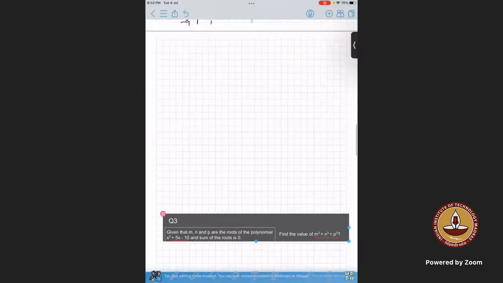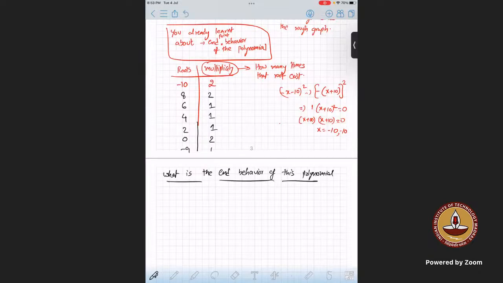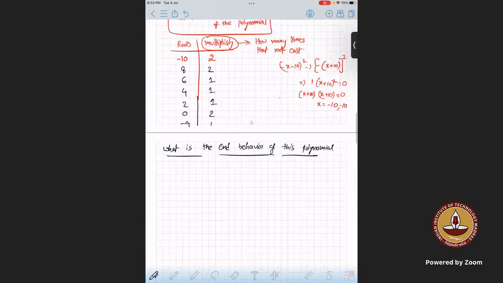Okay. Now can anyone tell what is the end behavior of this polynomial? I just need only the end, like what if x tends to infinity and what if x tends to minus infinity. I only need this.